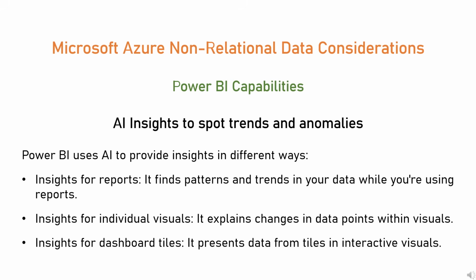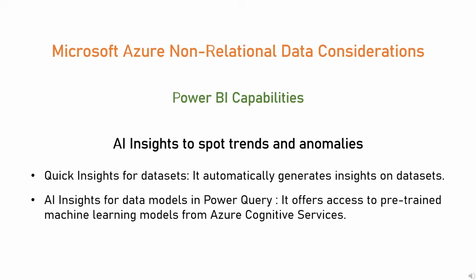It presents data from tiles in interactive visuals. Quick insights for datasets. It automatically generates insights on datasets. AI insights for data models in Power Query. It offers access to pre-trained machine learning models from Azure Cognitive Services.